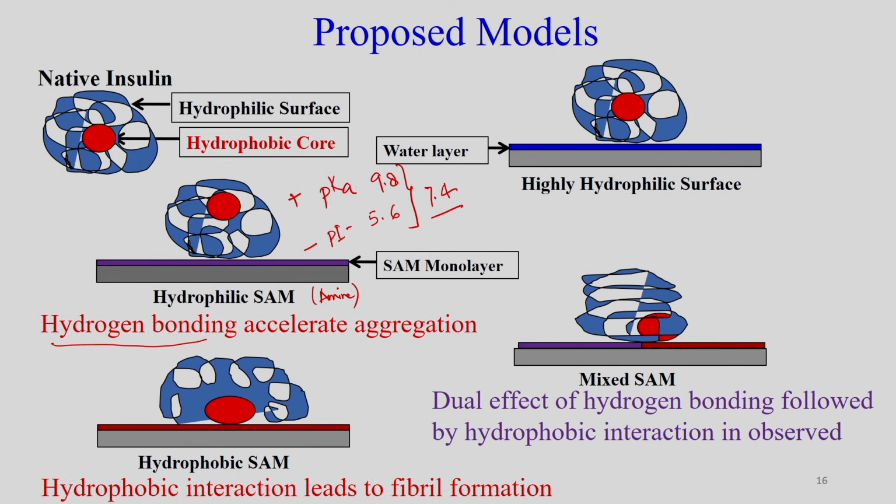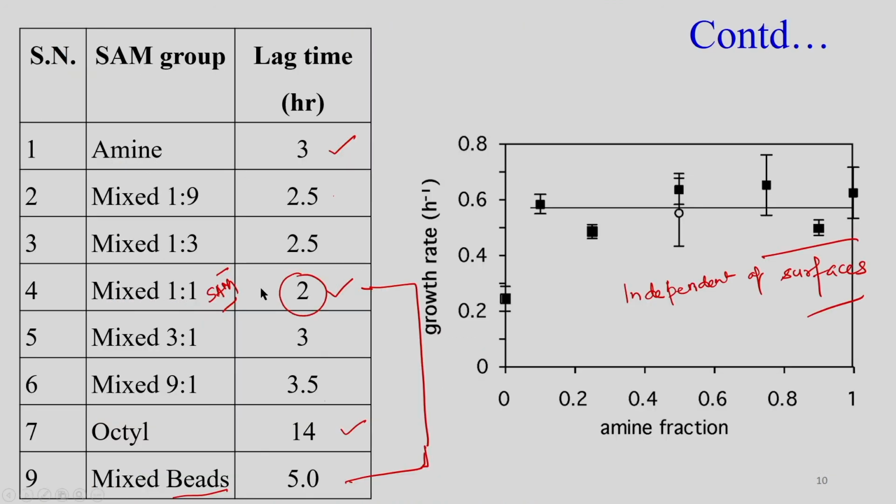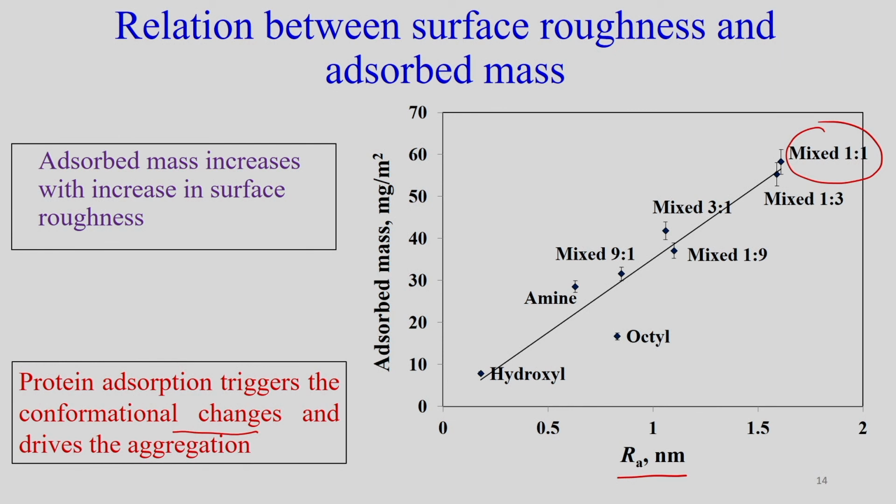Now, in case of the mixed surface, we observe the shortest lag time and faster aggregation. Here we have the dual effect of both hydrogen bonding and electrostatic interaction coming from the amine group, and hydrophobic interaction coming from the octyl group. So, that is why in case of mixed SAM we observe the dual effect. We have got the least value of the lag time and the maximum value of the adsorbed amount in case of mixed 1,1 SAM.